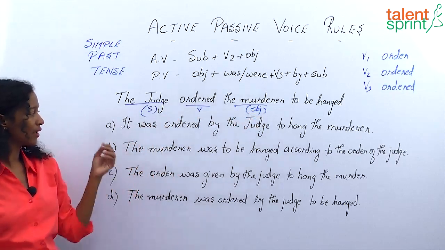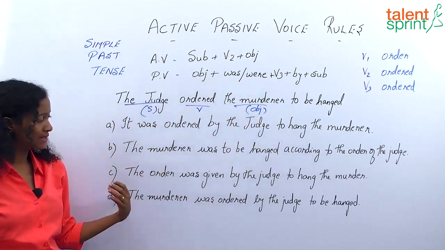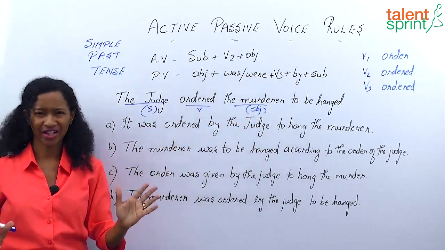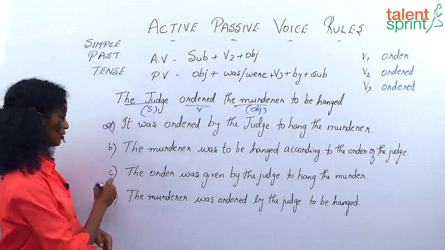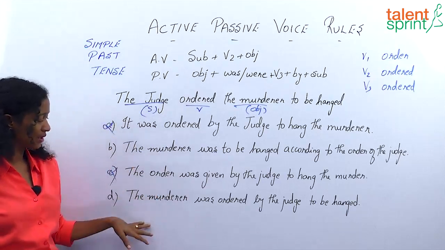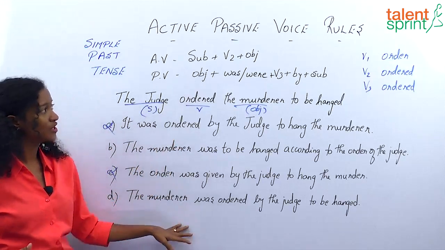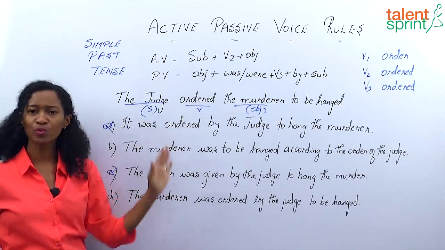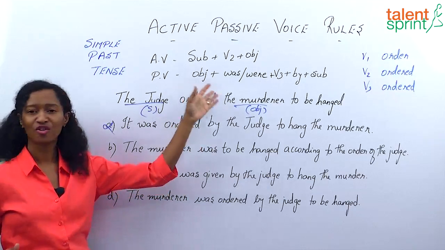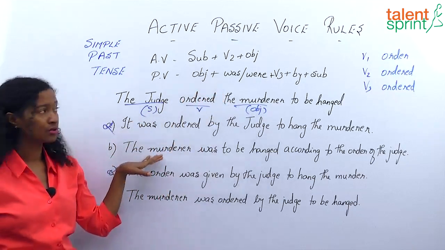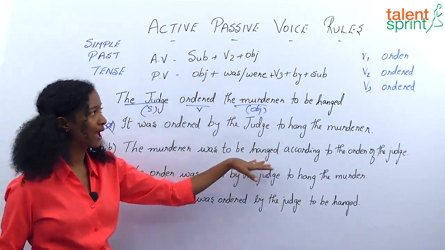So if you look at A and C, it starts with the order was given, it was ordered by, which I can quickly eliminate. I have B and D, which is starting with the object, the murderer. So let's see which one of these options is following the form or the structure. The murderer was to be hanged.